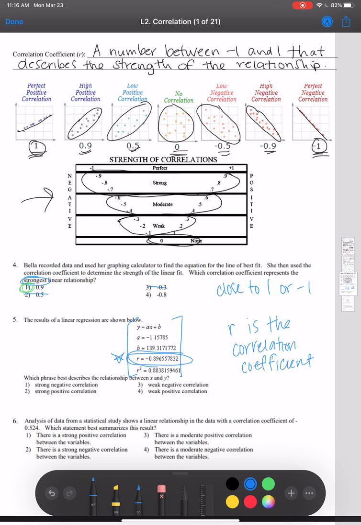Which phrase best describes the relationship between X and Y? Well, our R value is -0.896. So right off the bat, we know it's negative, so we can cross out choice 4 and choice 2. And then it's pretty close to -1, so that's a strong correlation. So that's choice 1, a strong negative correlation.